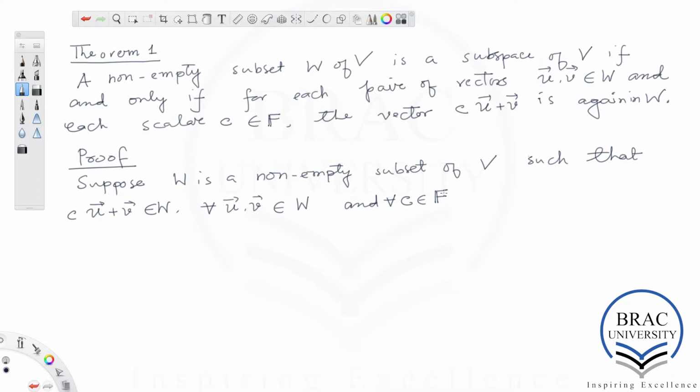Okay, suppose that this holds. We need to check that W is a subspace of V.